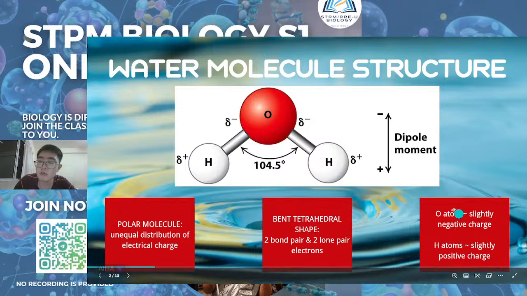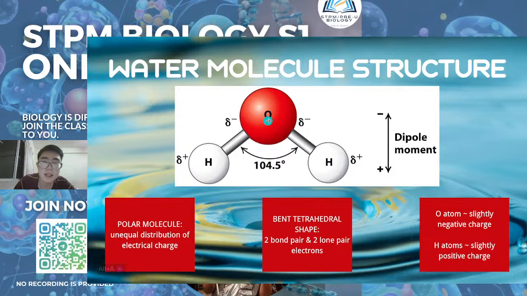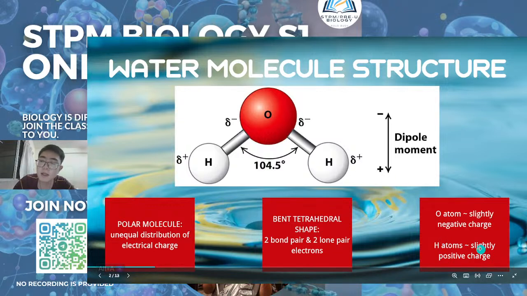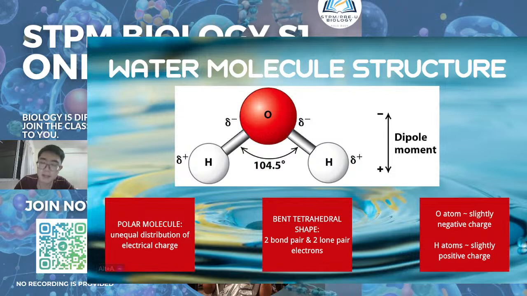Also, the oxygen atom is the slightly negatively charged atom, right? Because in chemistry, if you write an oxygen ion alone, you write O to the power of 2 minus. For the hydrogen atom, if it is a hydrogen ion, you write H to the power of plus, right?